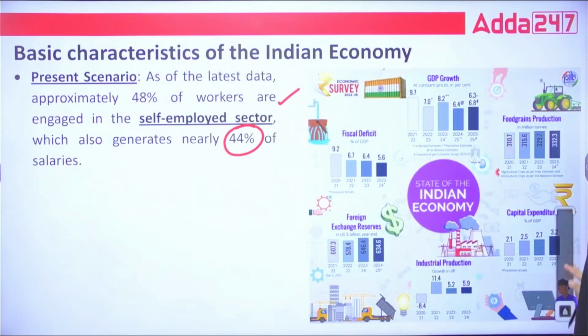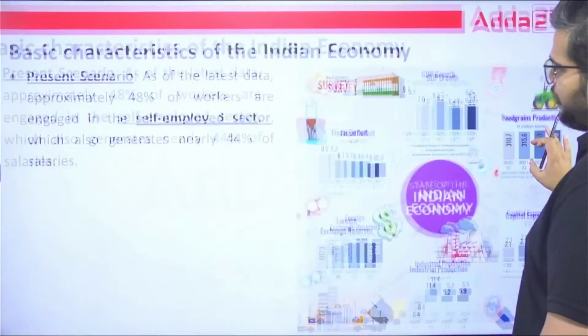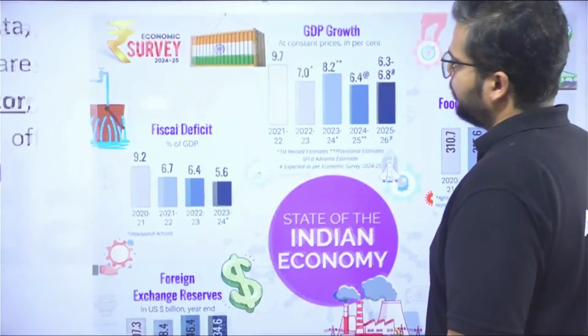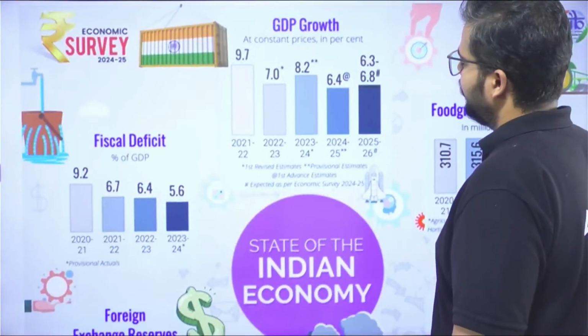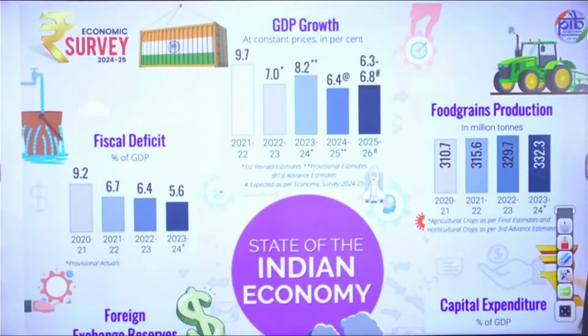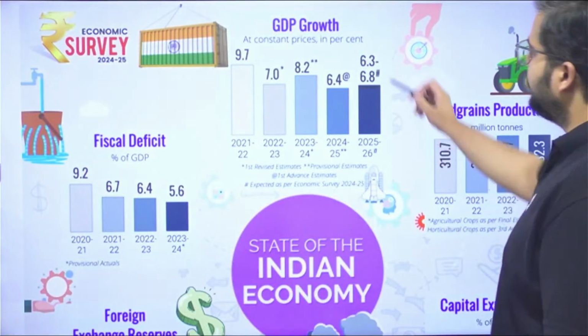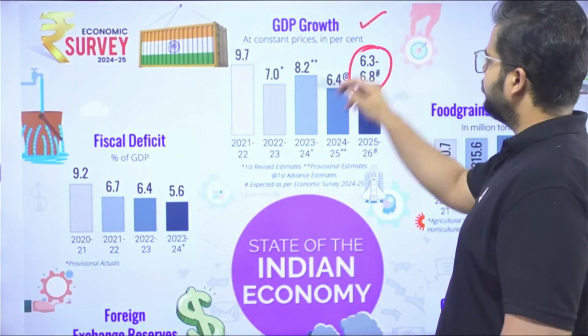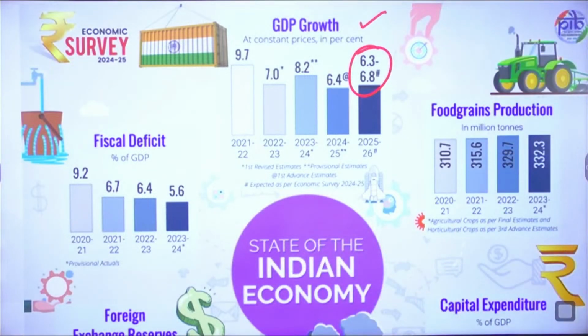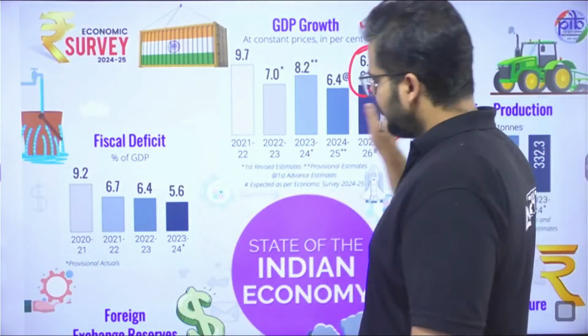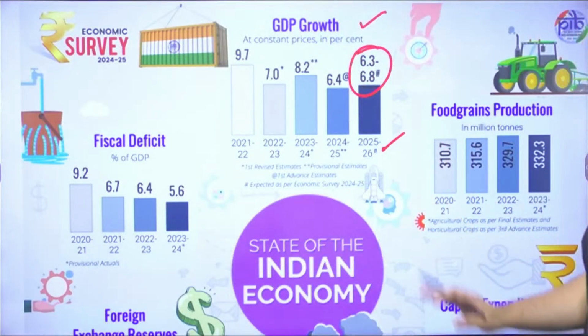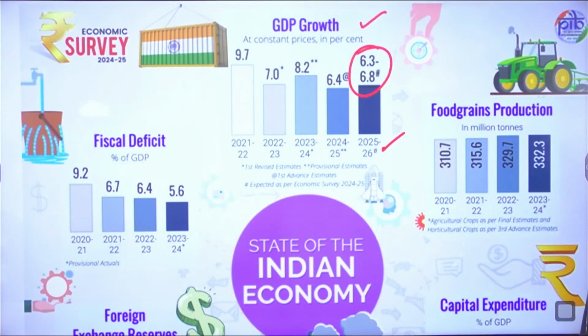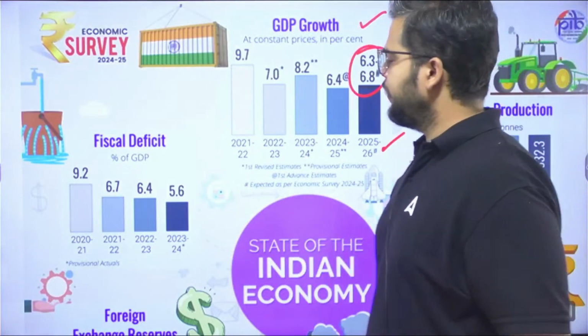And when we talk about other numbers which are important to understand the growth story of our country, first of all, this particular number of GDP, the projections are 6.3 to 6.8% when we talk about 2025-26. This particular data point or infographic is from the Economic Survey 2024-25. So latest data, I would say.